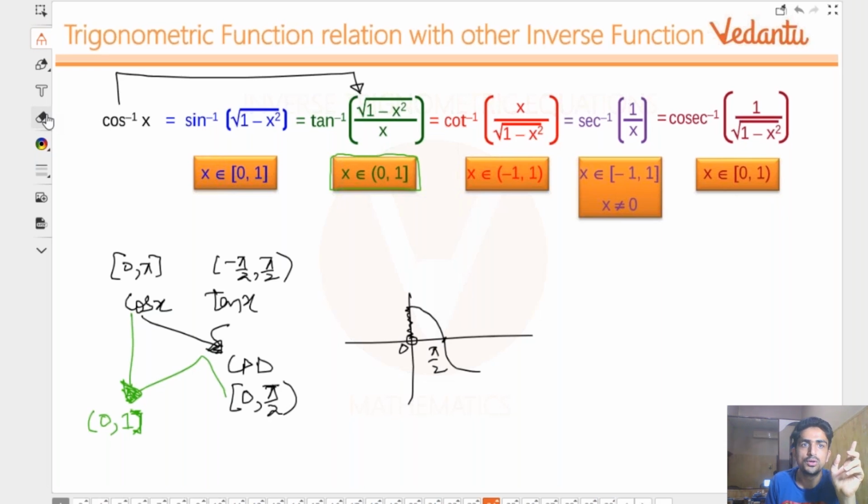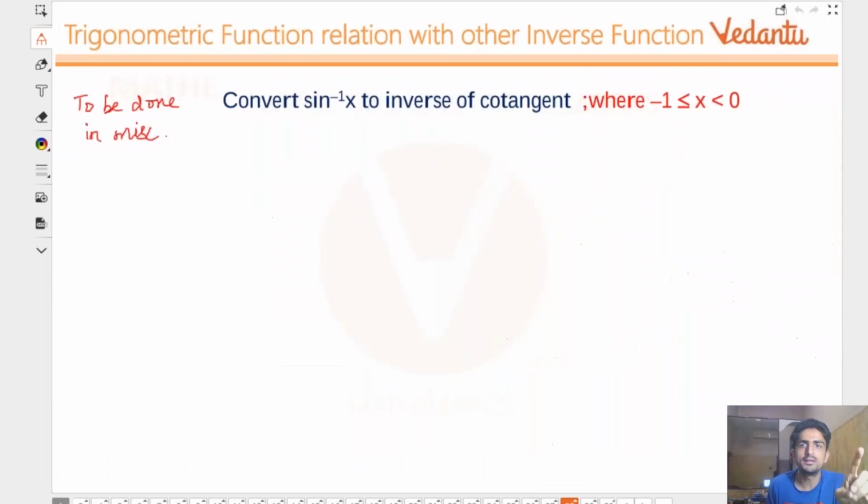Okay, so this is something which I'll be doing in miscellaneous part, not here, because in advanced level also there are very few chances that it will be required. So I'll cover this part in miscellaneous.